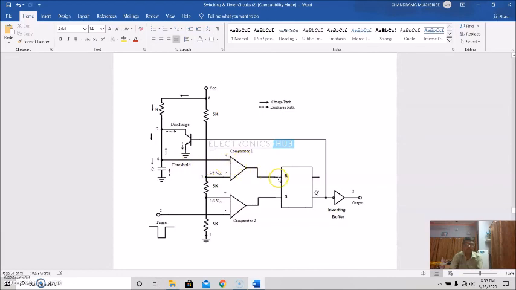The output is given to the reset, and this is comparator 2, whose output is given to the set. This is the charging part of the capacitor, whose voltage is used as a threshold voltage. If it is more than that, then it will come to one state, and this is the discharge part of the capacitor.